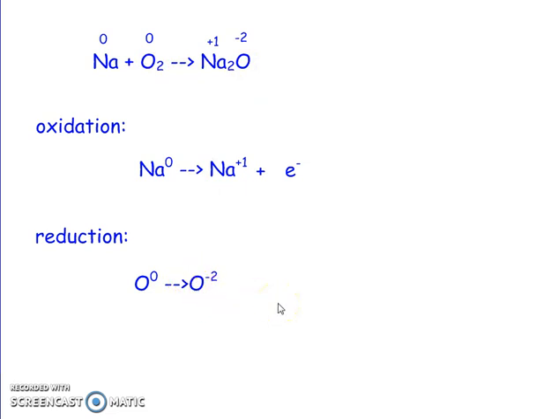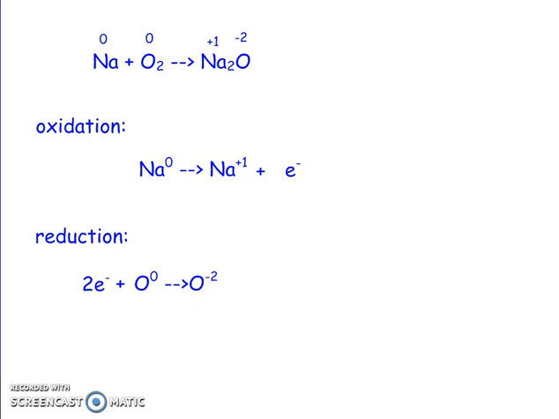Again, we are only dealing with one atom of that element in our half reaction. In this case, the oxygen has to gain 2 electrons. So there are 2 electrons that were not part of the oxygen to begin with that are now. So that means my 2 electrons are going to go on the reactant side of my equation. And this shows an oxygen 0 atom gaining 2 electrons that were not originally part of it to form an O-2 ion.